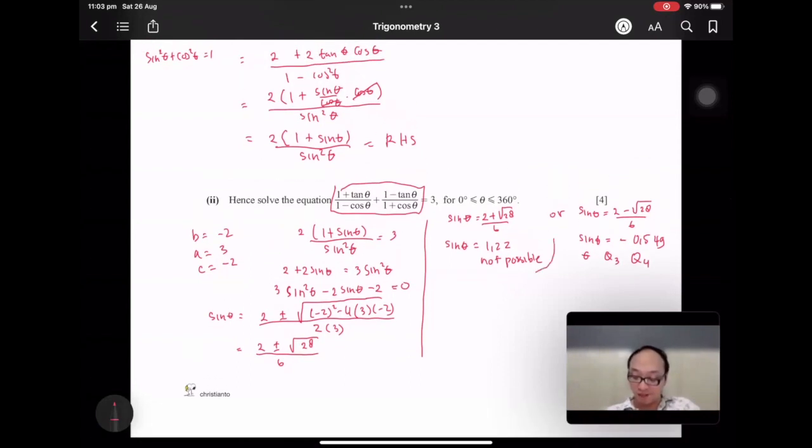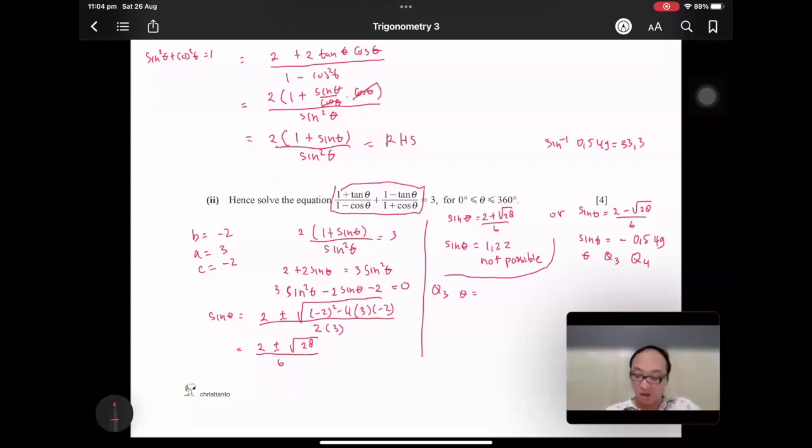Okay, so the first one, in the third quadrant, the theta will be sine inverse of 0.549. So I can find the sine inverse of this, which is 33.3.